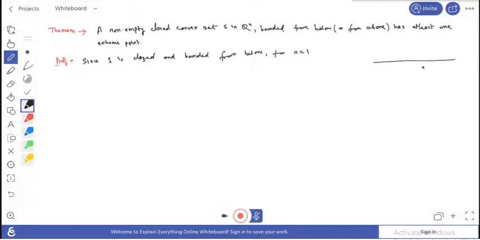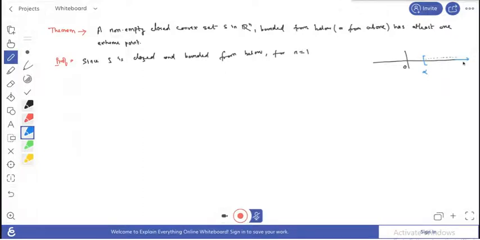One dimension is your real line. So this is your 0. If we take any closed convex set that is bounded from below, suppose this point is alpha, and it tends to infinity.